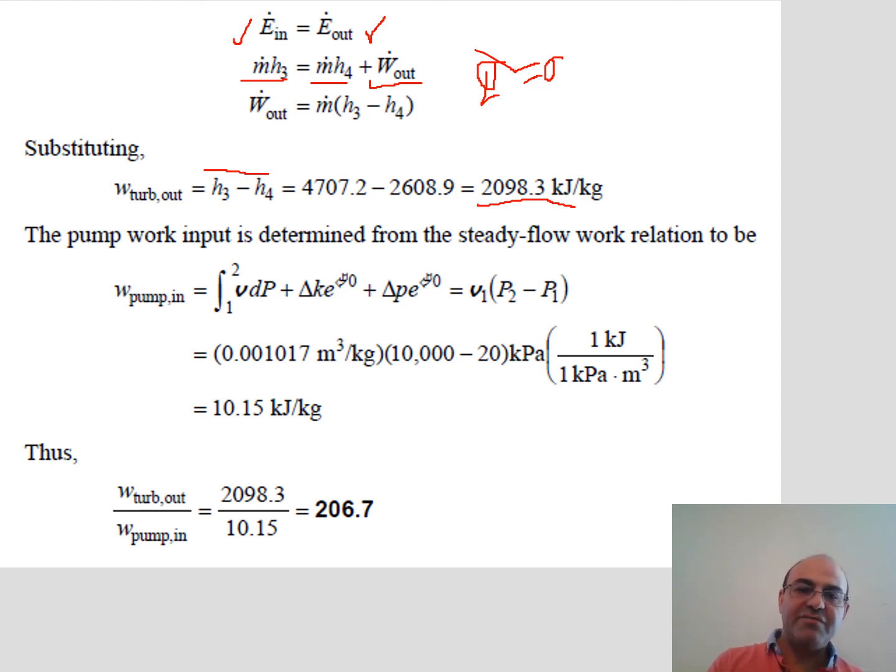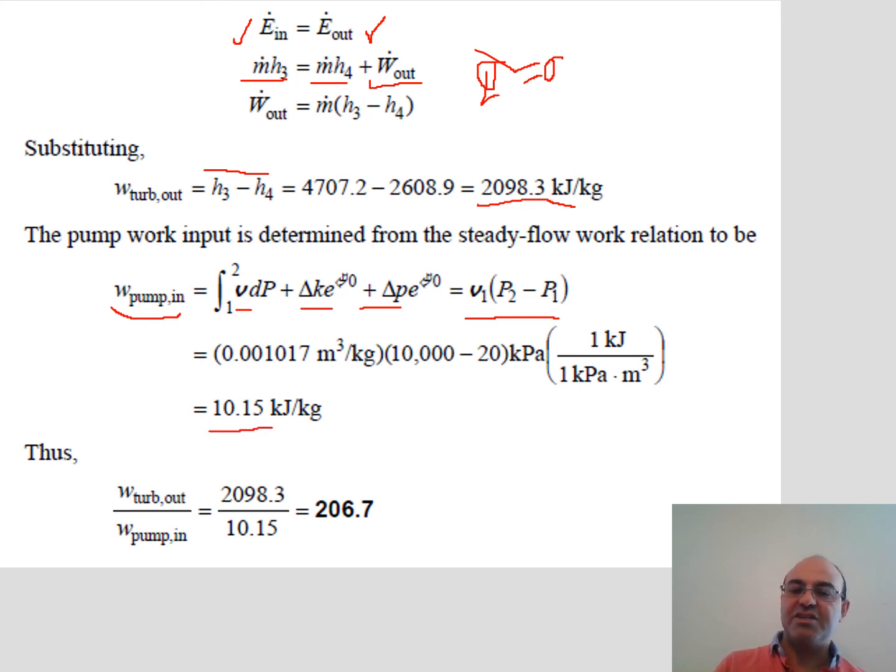Instead, we found that the work of steady flow devices is equal to the minus integral of VdP plus change in kinetic energy and potential energy, which are negligible. So the work input to the pump is simply the integral of VdP. And since we are dealing with a liquid, V is a constant, so this integral becomes V1 times (P2 minus P1). We do know P1, we do know P2, so we can go ahead and find the pump work based on this equation.